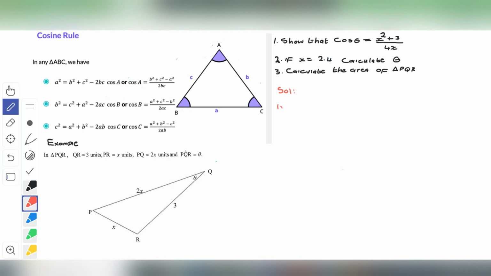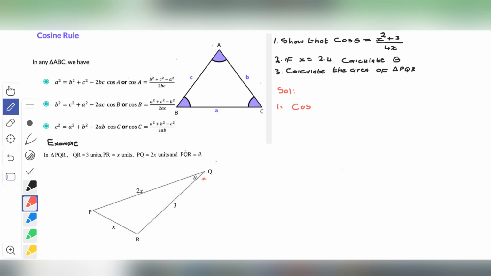So now the question says show that cosine of theta is equal to x squared plus 3 all over 4x. I said we are going to use what? Because there's a cosine of theta, therefore we're going to use the cosine rule, right? So our cosine rule is going to be cosine of, they're talking about the theta. Where's the theta here?